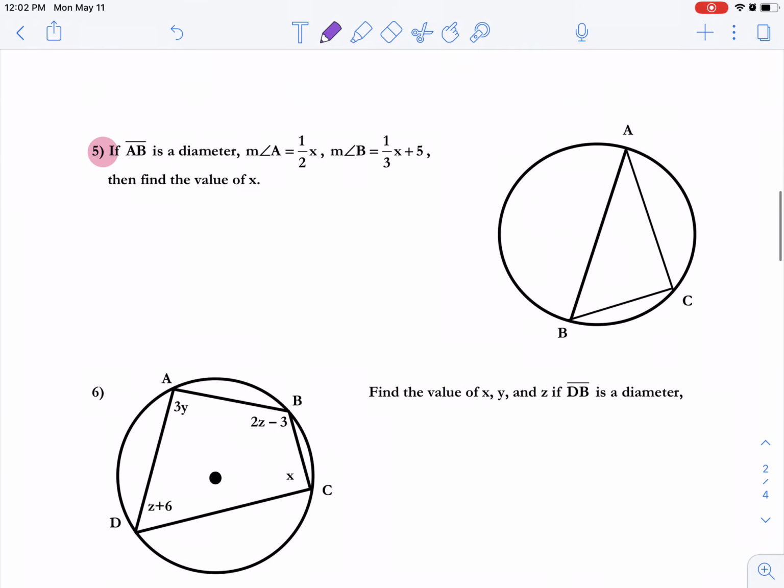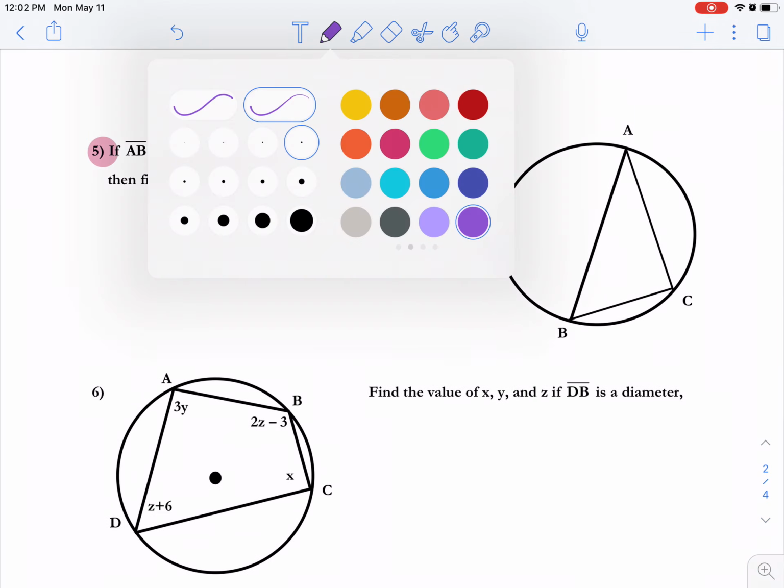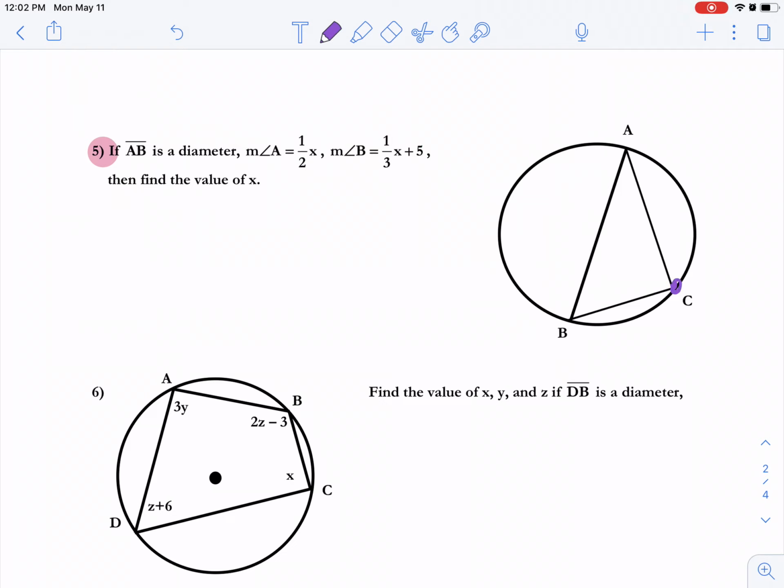Number 5, this one uses the theorem that says that if an inscribed angle intercepts a diameter or intercepts a semicircle, which is what's going on here. They told us that AB is a diameter.